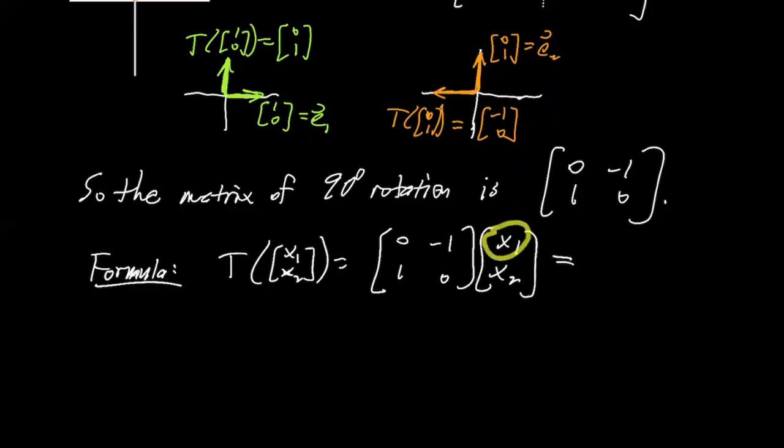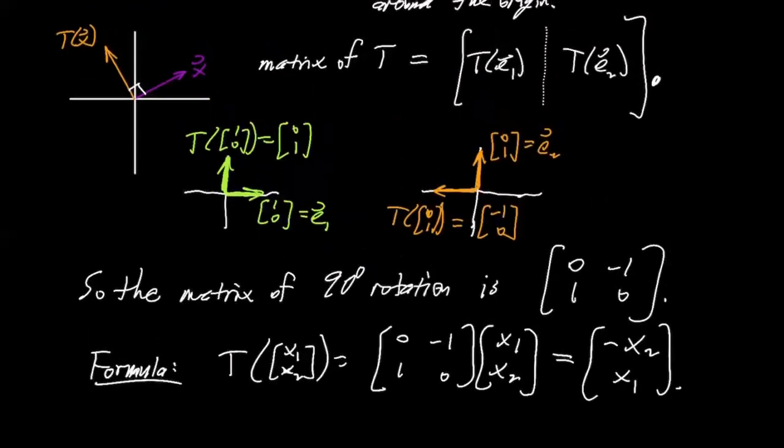You can think of this as the scalar on this column, and this is the scalar on this column, and add them together. Or you can think of dotting this with this to get the first entry, and then dotting this with this to get the second entry. But either way, I think we end up with minus x2, x1. And that's the formula. So x1, x2 goes to minus x2, x1, which if you look at the picture makes some sense, right?